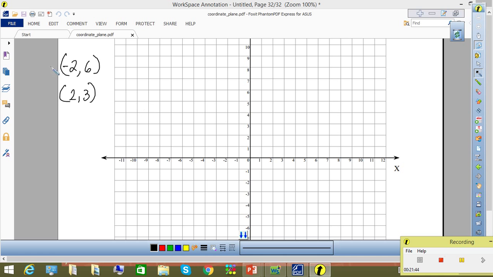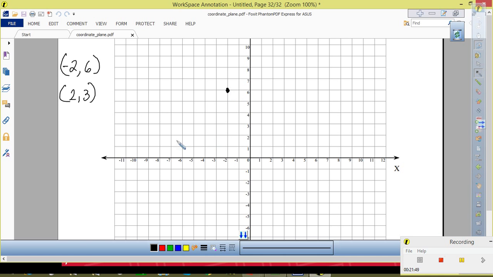All right, let's see. -2, 6 is about right there, and 2, 3 is about right there. So my line has to go through those 2 points. We're going from left to right. Which is my first point? This one. My second point is this one. So I'm going from here to here. How many steps up?